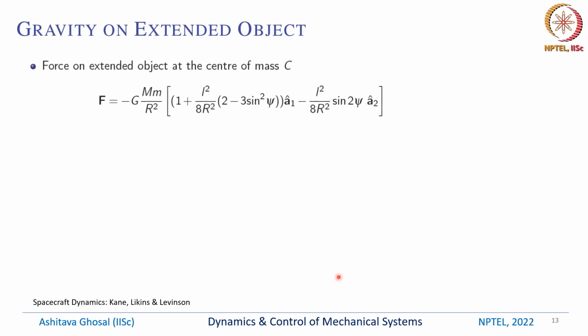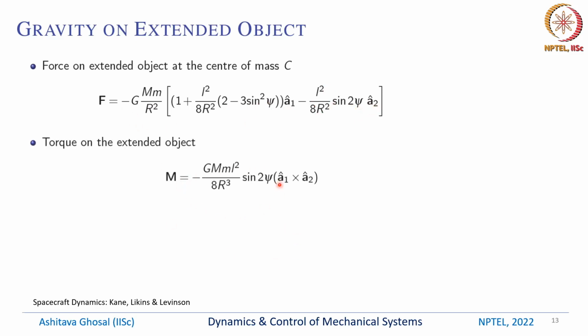So finally, what do we get? We will get a force which is consisting of two parts, one along the direction from the center of the earth to the object and one perpendicular. The along the direction is 1 plus L squared by 8R squared into 2 minus 3 sine squared psi, A1, minus L squared by 8R squared sine 2 psi into A2 with a minus sign here.